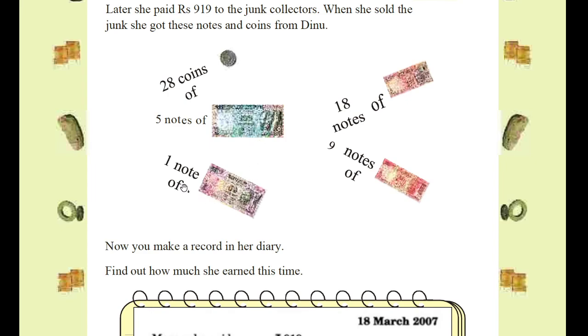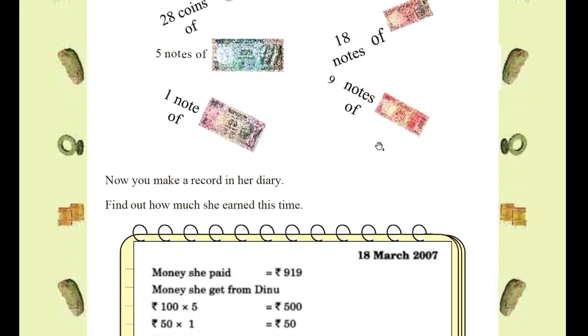Next is 1 note of rupees 50, so 1 time rupees 50 equals rupees 50. Next is 9 notes of rupees 20 and it will be equal to rupees 180, and here you have 18 notes of rupees 10 and it will be equal to rupees 180.